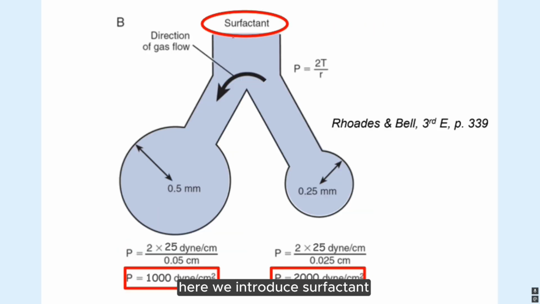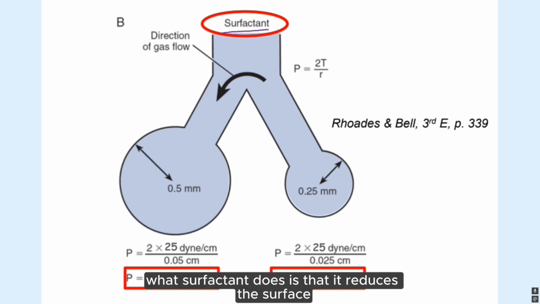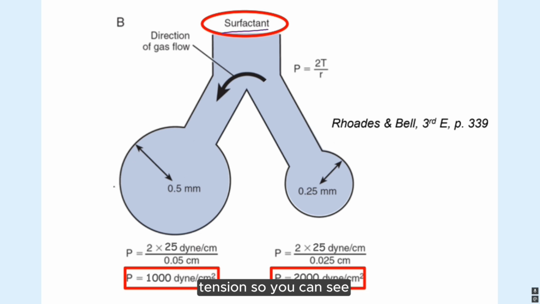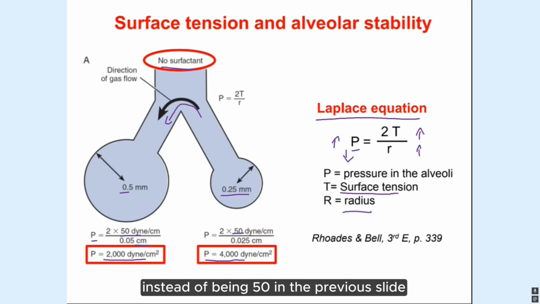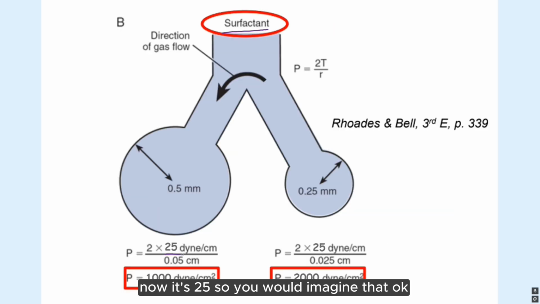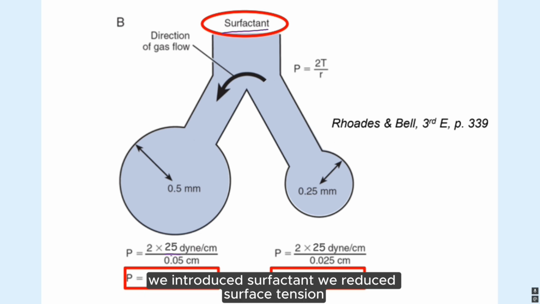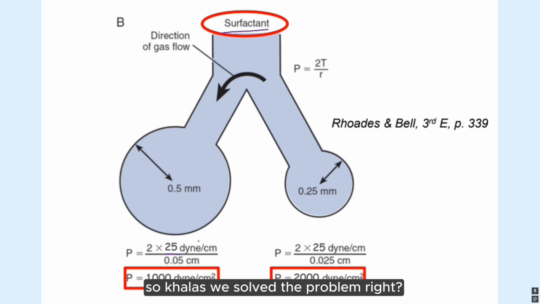Here we introduce surfactant. What surfactant does is reduce the surface tension. You can see that instead of 50 in the previous slide, now it's 25. So you would imagine that we introduced surfactant, we reduced surface tension, so we solved the problem, right?